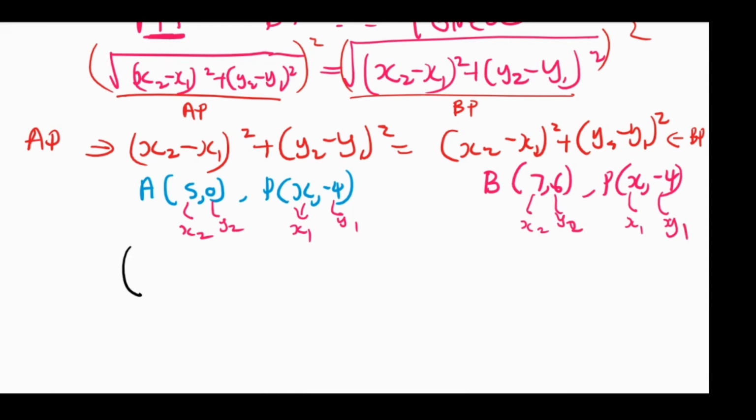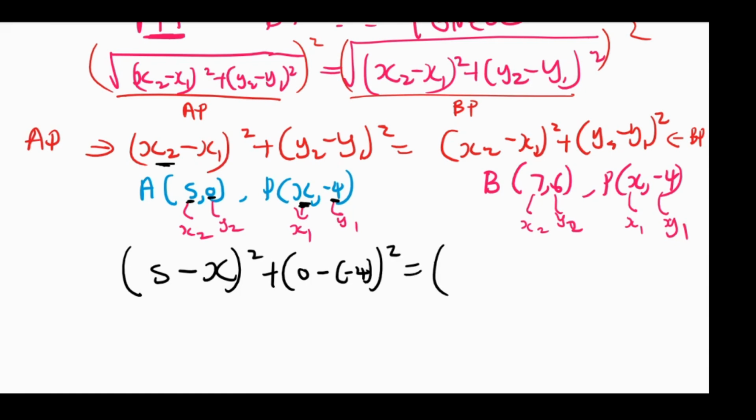So we're going to substitute these values according to what I just did. Instead of writing x2 here, we're going to write this 5. It's going to be 5 minus this x1 here, which is x, squared, plus our y2, which is 0, minus our y1, which is minus 4, squared, equals. And this side here, x2 is going to be this 7.